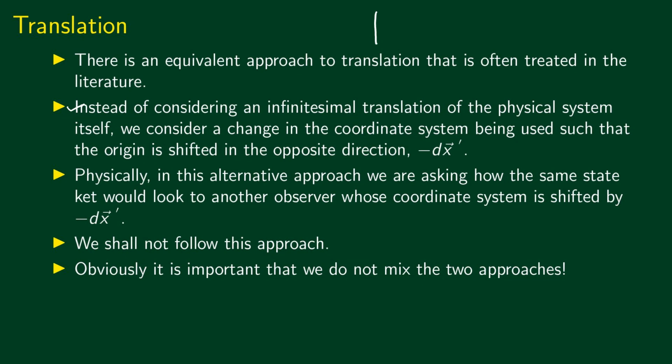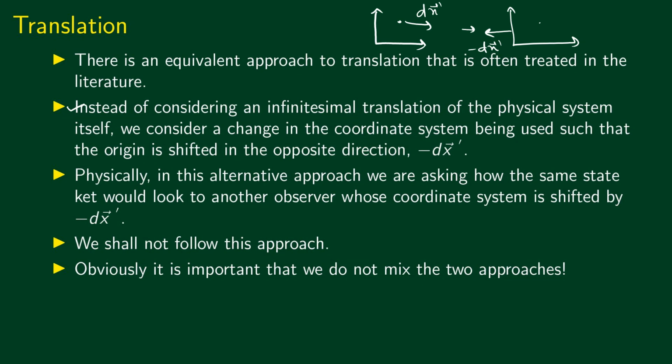I think we have already discussed this in classical mechanics. If you have a system like this, you could translate the system by an amount dx vector prime, or equivalently, describe the same translation by a translation of the coordinate system in the opposite direction, minus dx vector prime. The effect would be the same for all mathematical purposes.